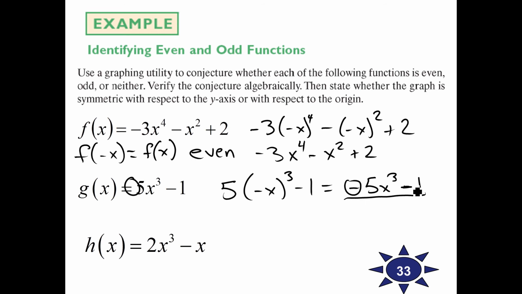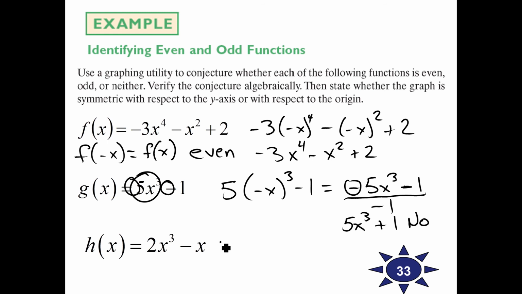The test is if we divide by a negative 1 and get the same thing, then we're odd. Let's see what happens. So negative 5x cubed divided by negative 1 is going to be 5x cubed. All right, here we're back to where we started. But negative 1 divided by negative 1 is plus 1, not what we started with. So this is neither. Okay, no symmetry. It's neither even nor odd.